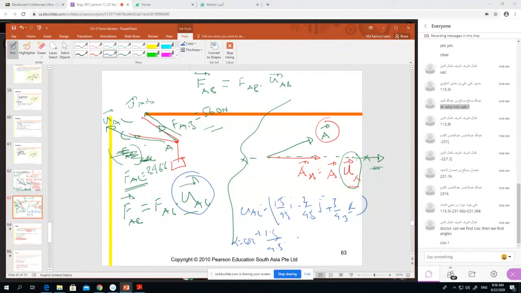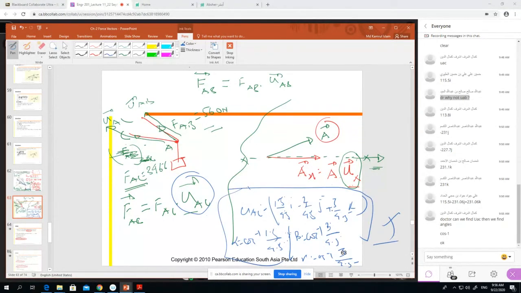Beta equals cos inverse 3 divided by 4.5, and gamma equals cos inverse 3 divided by 4.5. You can find angle in this way, but in this question, this is not required.